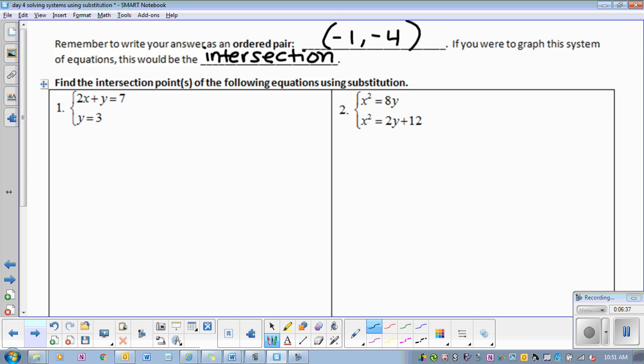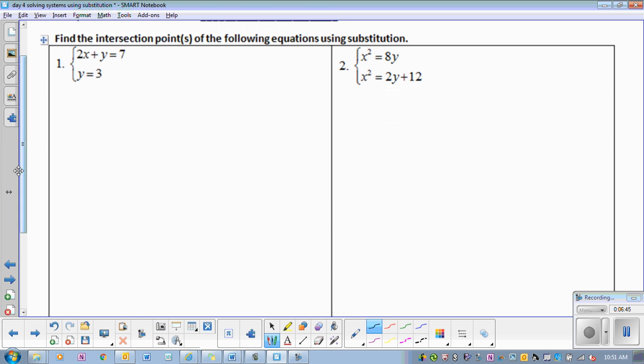So number 1 says find the intersection point or points of the following equations using substitution. Alright, this is nice because you choose an equation, choose a variable to solve for, right? But the second one is already solved for me. It's y equals 3, right?